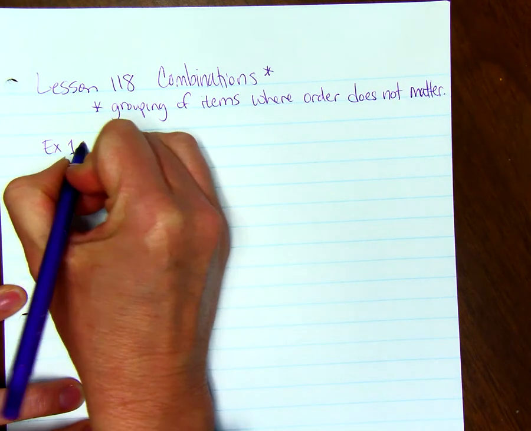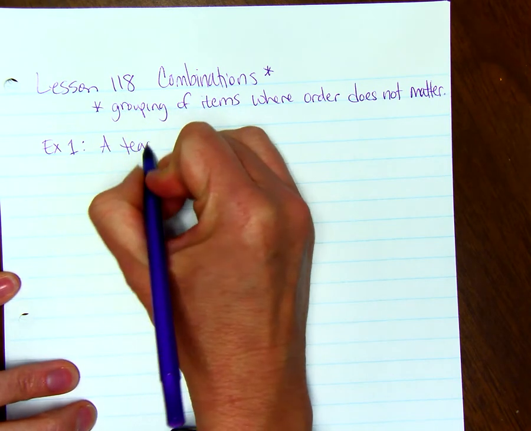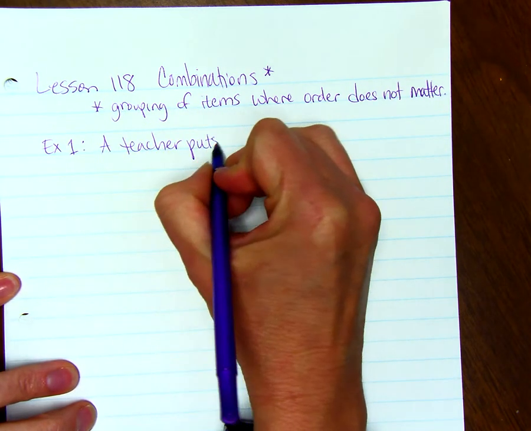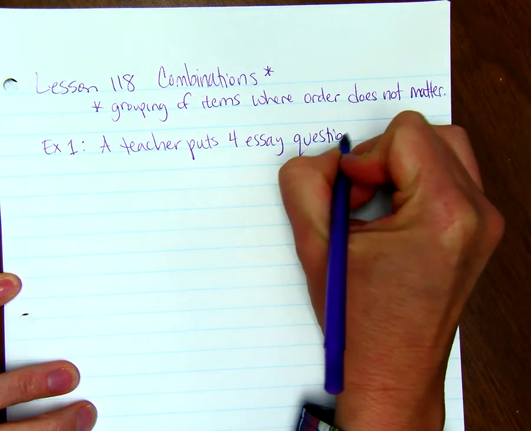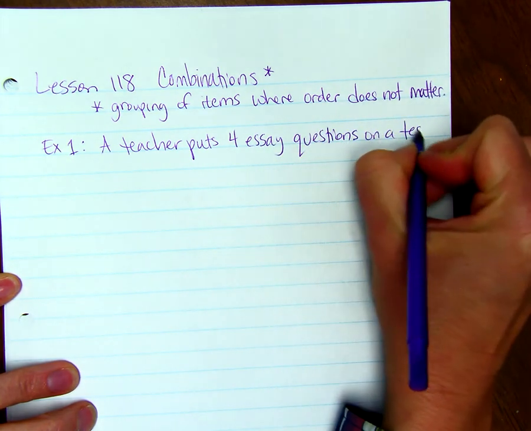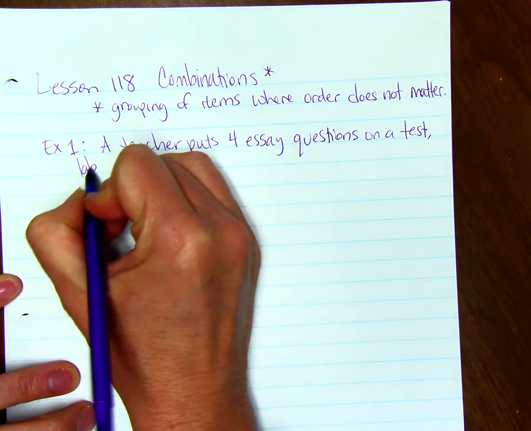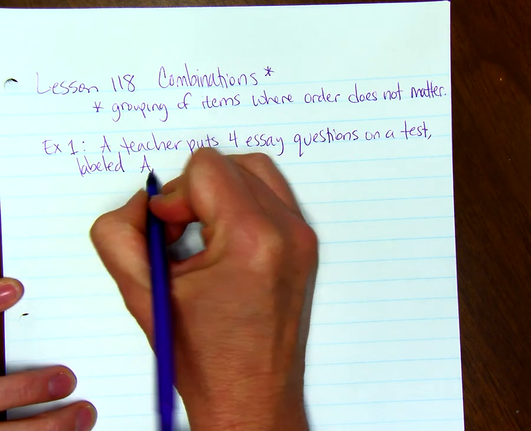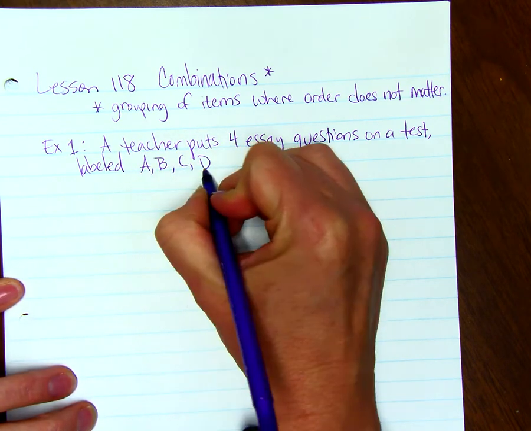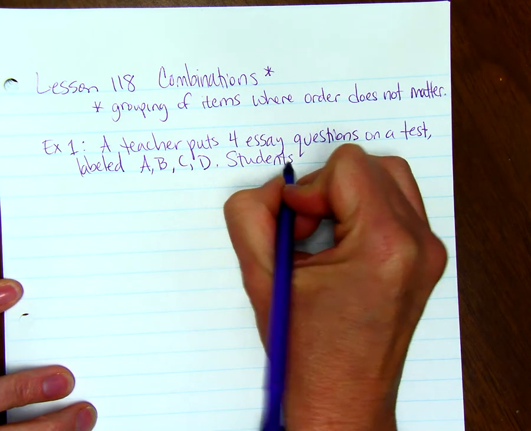A teacher puts 4 essay questions on a test, and they're labeled A, B, C, and D. Students must choose 3 to answer.